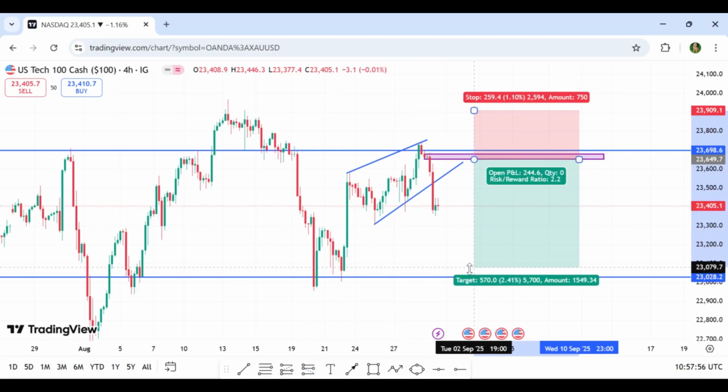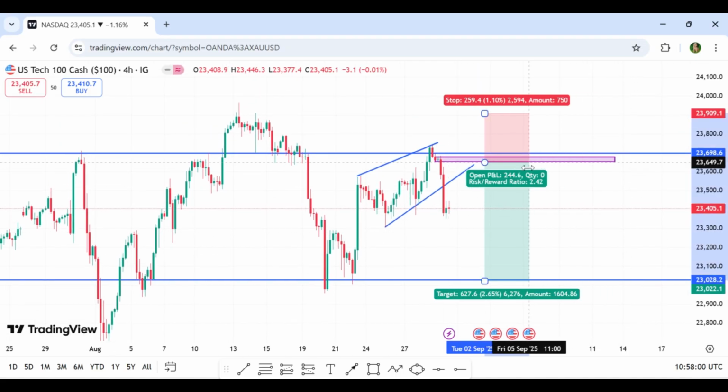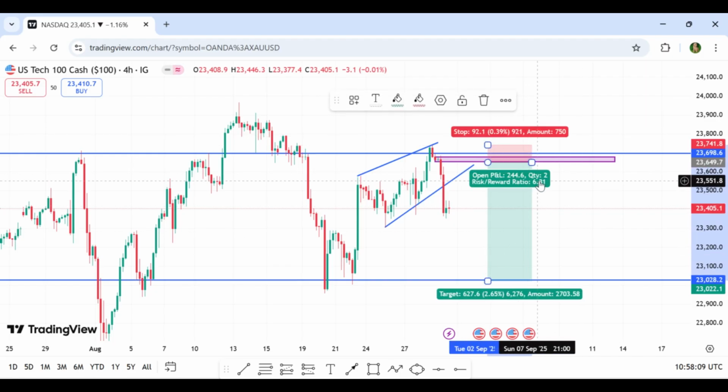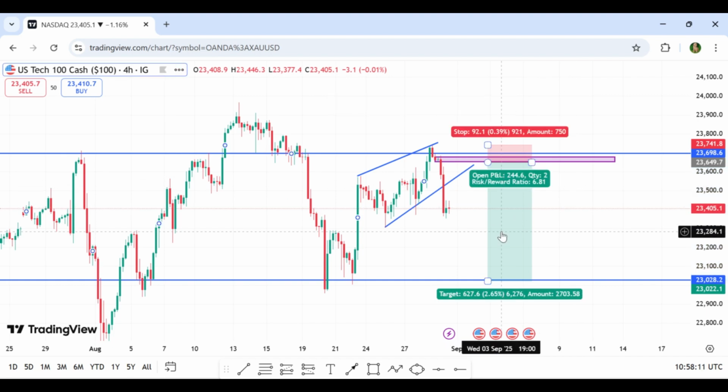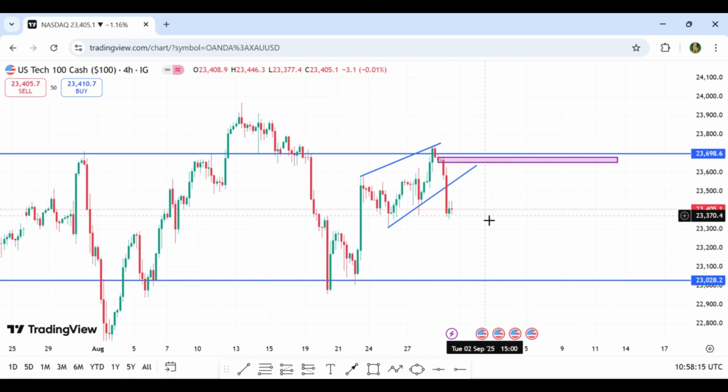And of course, our take profit should be all the way down, and our stop loss slightly above the pattern or slightly above the zone, like this. So that is what I'm looking forward to on NASDAQ. I'm going to look for sales.